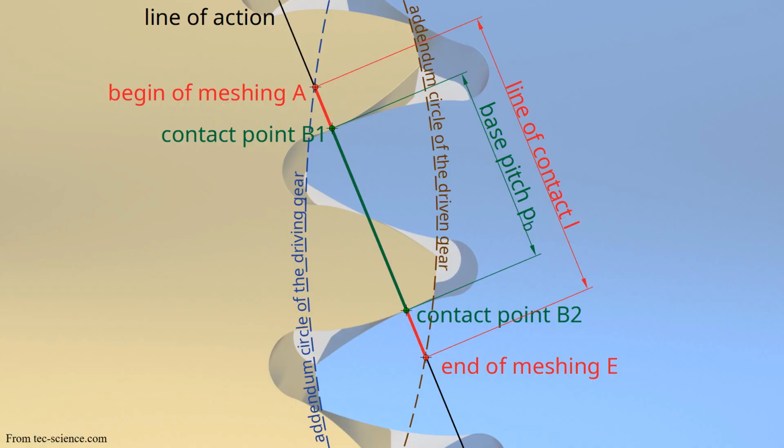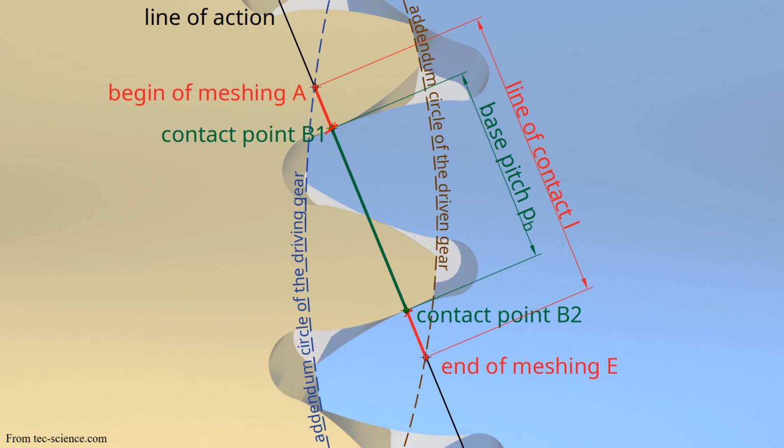Moving on, at this particular stage, I'll also make you see that sometimes it is going to be important for you to realize the line of contact and the base pitch, the difference between the two. Now, the base pitch actually is starting from this contact point to this contact point over here.